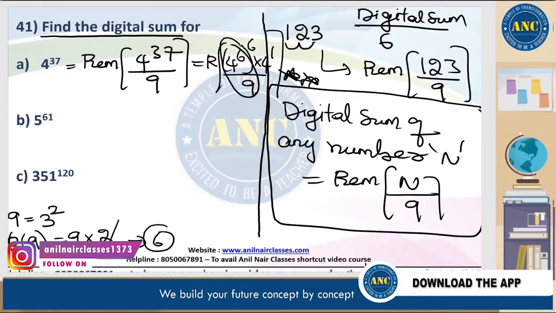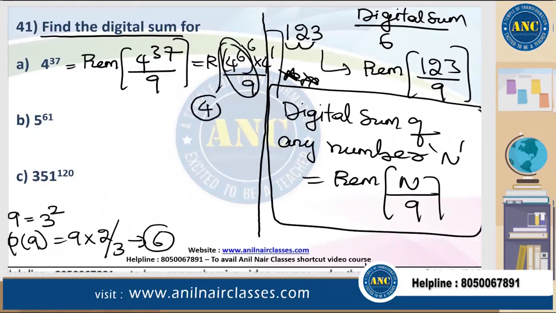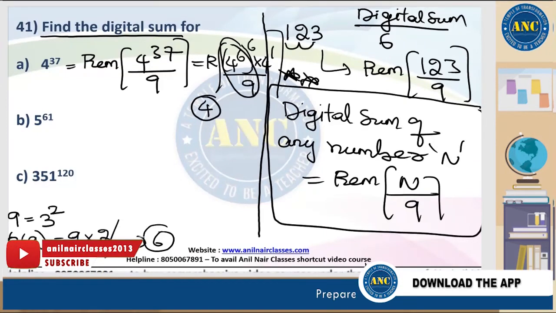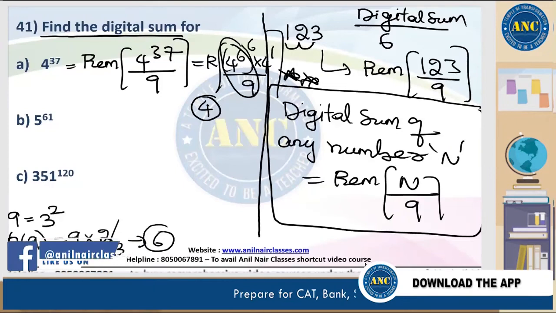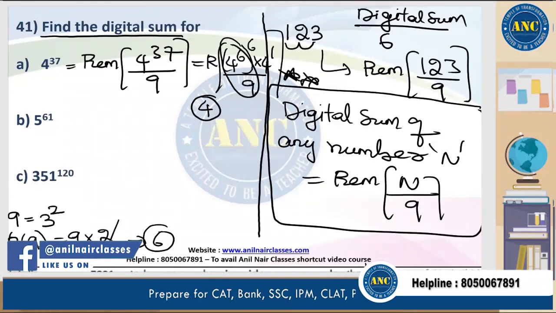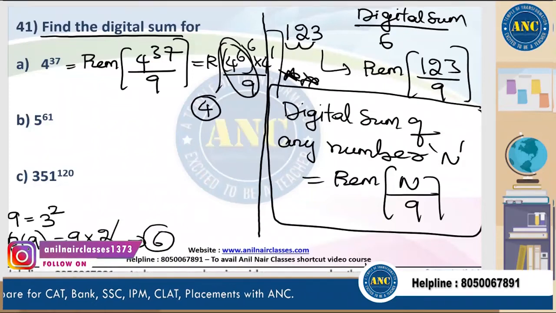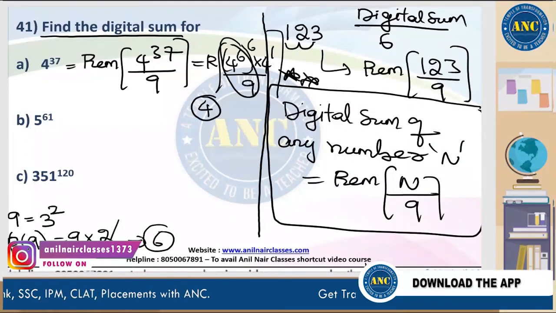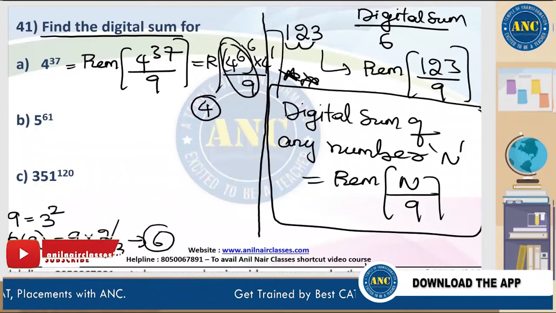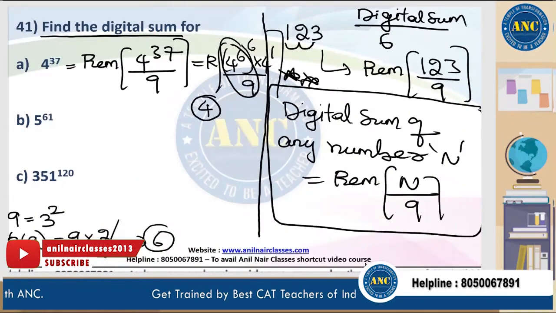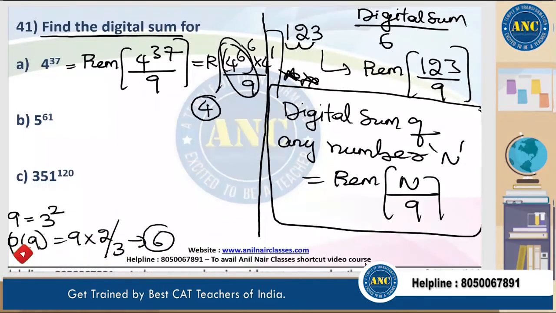This is 1. 1 fours are 4. I hope it is clear. Digital sum for 4 power 37, answer is nothing but 4. How you got 4? 4 power 37 by 9. 9 totient function is 6. So 37 goes 6 times. 6 sixes are 36. Remaining 1 power of 4 is left. So 4 divided by 9 is 4. Directly you will get the answer.